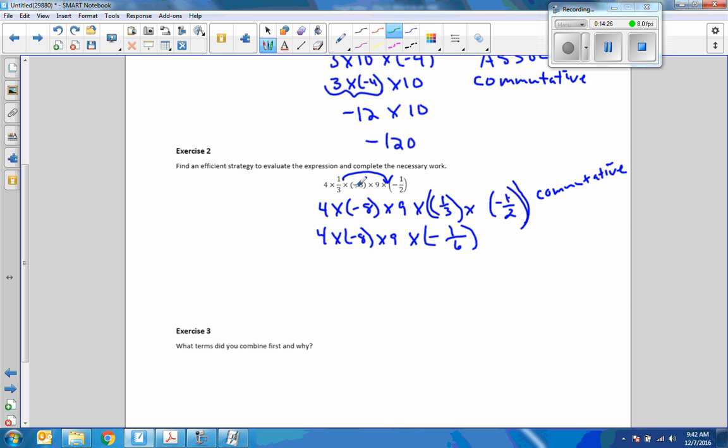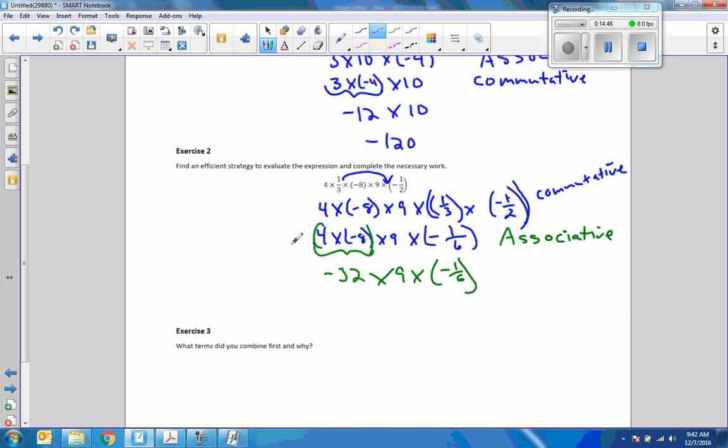So the next step is going to be, I'm just going to simply multiply these two numbers, and that's going to be negative 32. And basically what we're doing is grouping those, and grouping is associative. Times 9 times negative 1/6.